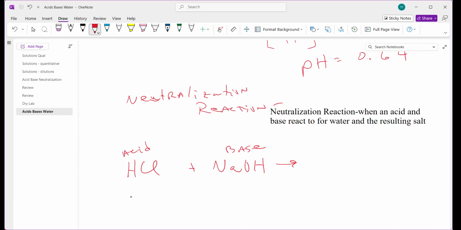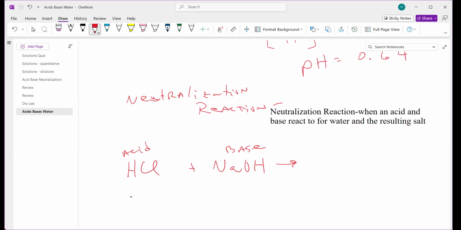Now, the acid can be strong or weak, but it's got to be an acid. Can't be something with an H that doesn't dissociate. The base can be strong or weak also. You still have a neutralization reaction, and you still create water plus the leftover ions, which we call salt.